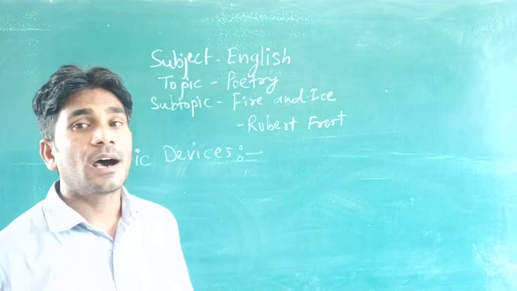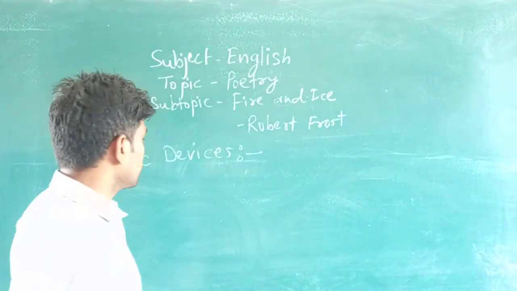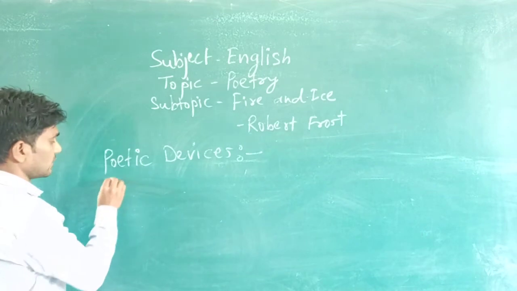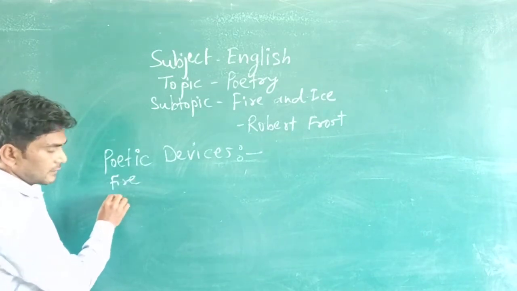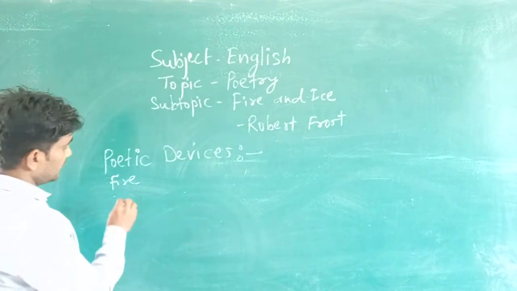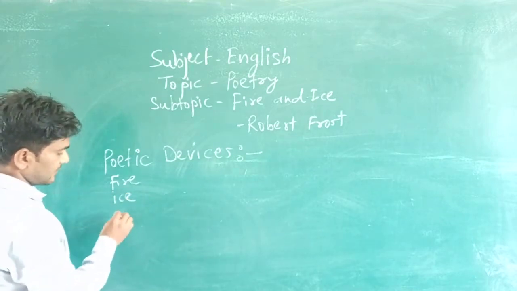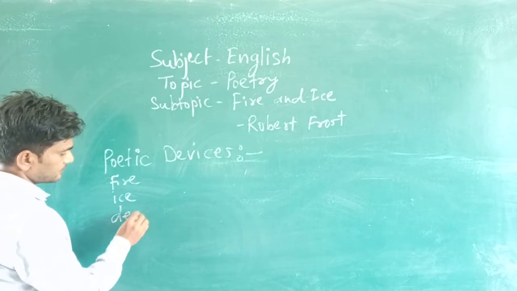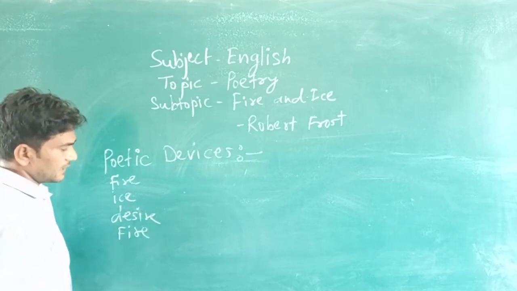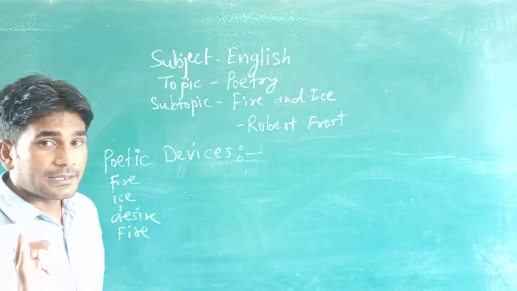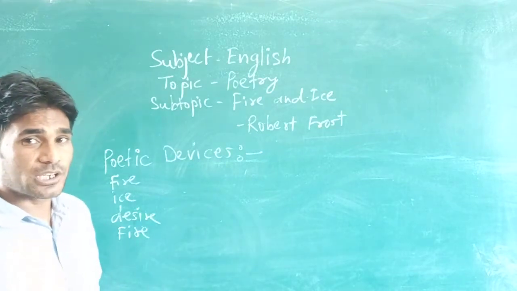First of all we have to write down the words of the first stanza: fire, ice, desire, and again fire. I am talking about rhyme scheme.